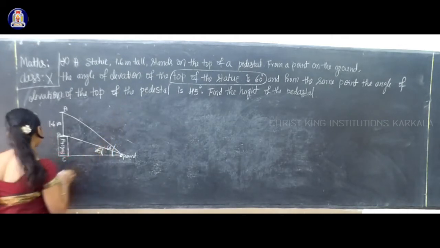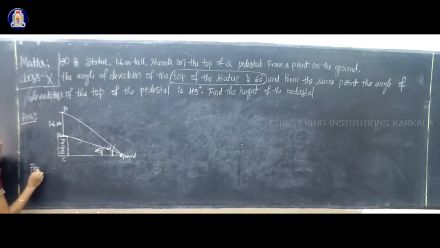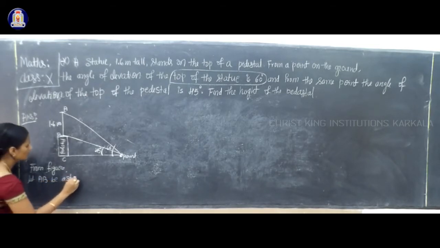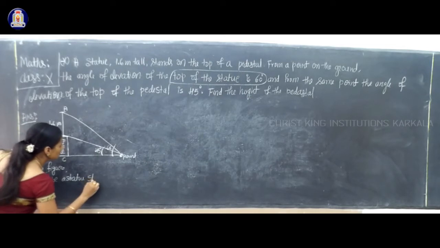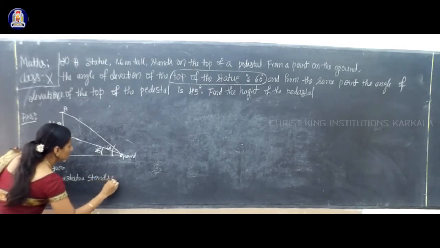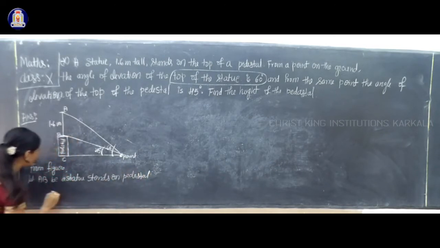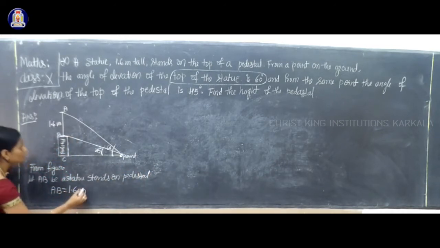So now we will write from the figure. Let AB be a statue. Stands on a pedestal. 1.6 meter.